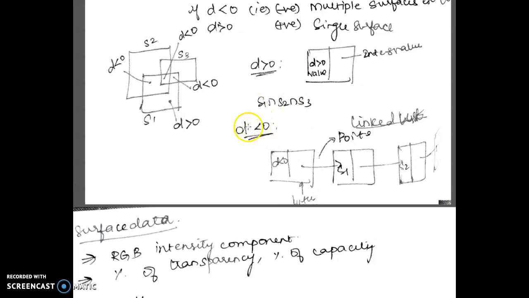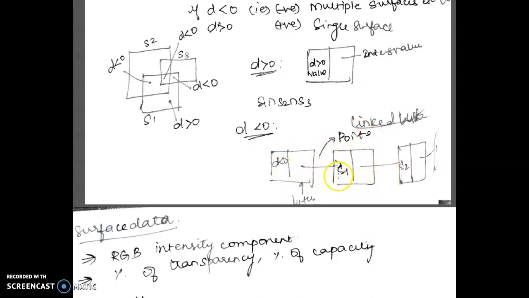If the D value is less than 0, then it is a multiple surface. So it takes the buffer as a linked list. In the first buffer, the value of D which is less than 0 is stored. Then the second will have a pointer. This pointer will point to another buffer.